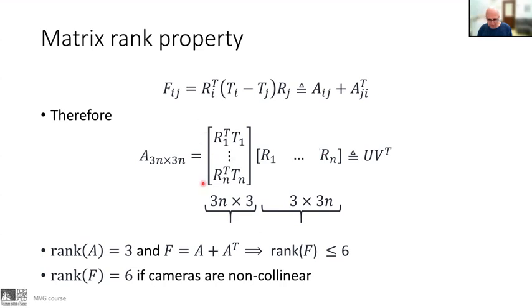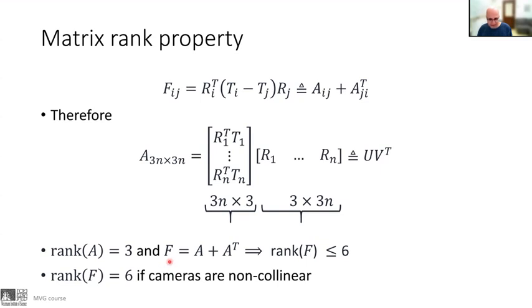I'm going over all i's and all j's here, and I get a 3n by 3 matrix here and a 3 by 3n matrix here, which means that A is rank 3.